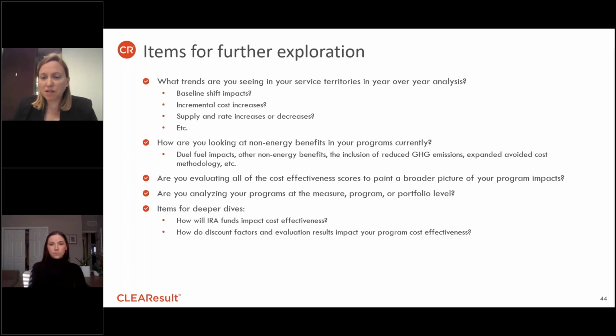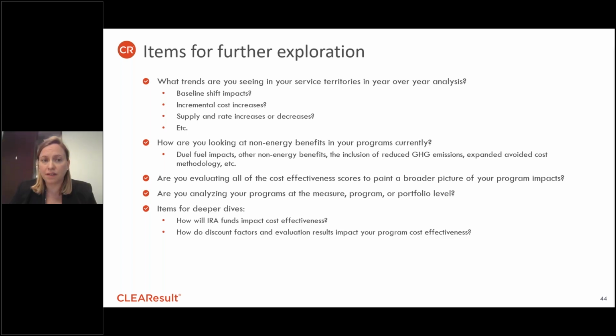And maybe some of those measures initially are going to be a bit more costly, and maybe they're not cost effective right out of the gate, but they will be in time. And so if you're doing your cost effectiveness analysis at the measure level, that might exclude that measure from being included in your portfolio right now. But if you're looking at the program or the portfolio level, you can leverage other high performing, more cost effective measures to kind of offset that. So something to be thinking about.